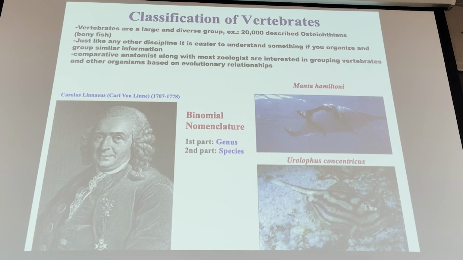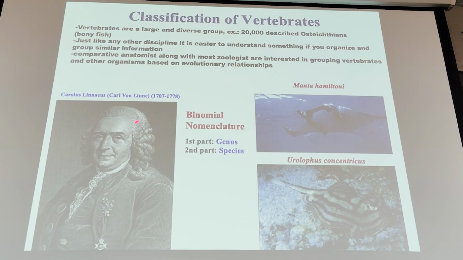So if you were to go out and find a new frog in an Indonesian rainforest that has never been described before, your job is to give it to an expert who can name it, and you're going to give it a name. But it's not a single name, it's a two-part name. All discovered species, whether it's a plant, an invertebrate, a virus, an insect, a crab, whatever it is, gets a two-part name called binomial nomenclature.